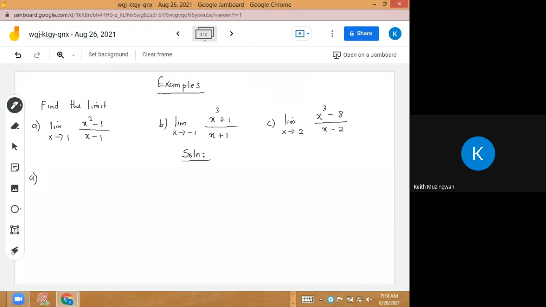Okay? So we start. The limit as x goes to 1 of x squared minus 1 over x minus 1 is equal to the limit as x goes to 1. We factorize the numerator as a difference of two squares, x minus 1, x plus 1 over x minus 1.